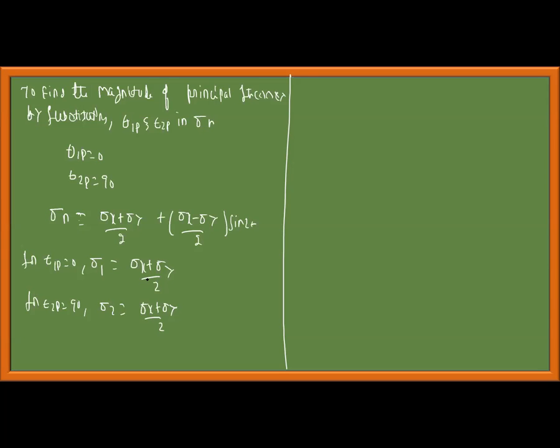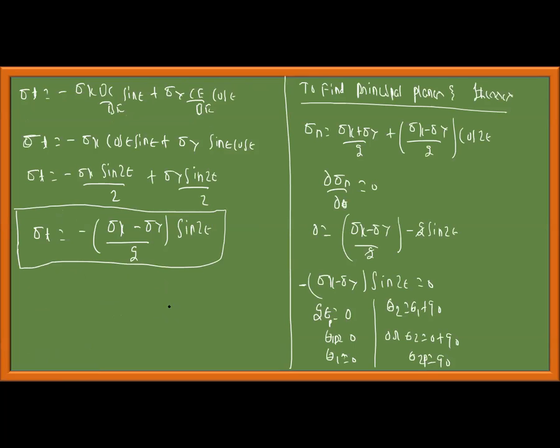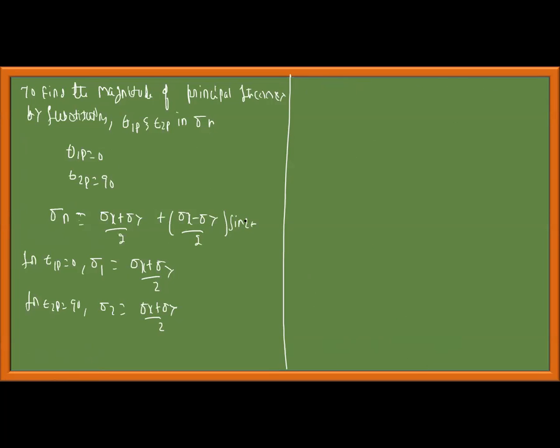Have I done any mistake? Which expression have I taken? Give me a moment. Is it cos theta or sin theta? Sorry, this is cos 2 theta. Sigma x plus sigma y by 2, cos 0 is 1, plus sigma x minus sigma y by 2, which is equal to sigma x.